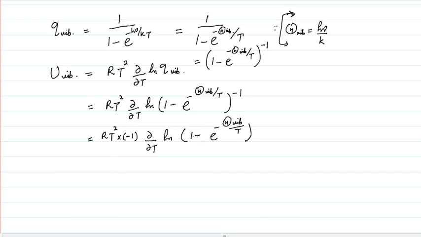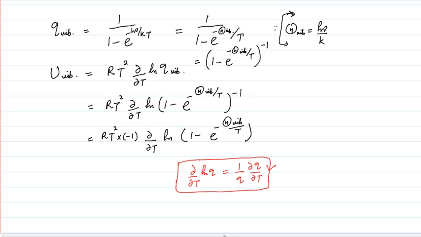But one more point you have to remember here is that if you have a differential like this one, ∂/∂T ln of Q, we can write it as 1 upon Q ∂Q upon ∂T.